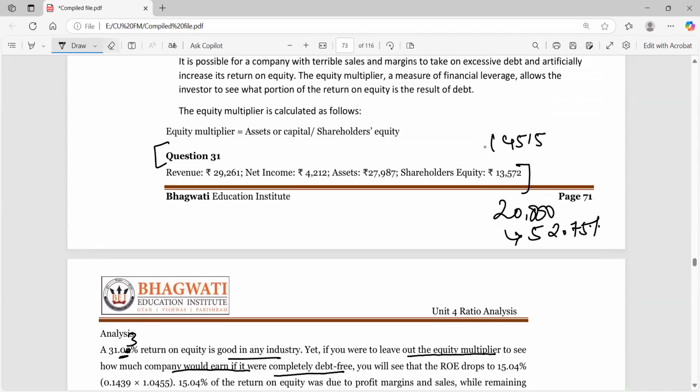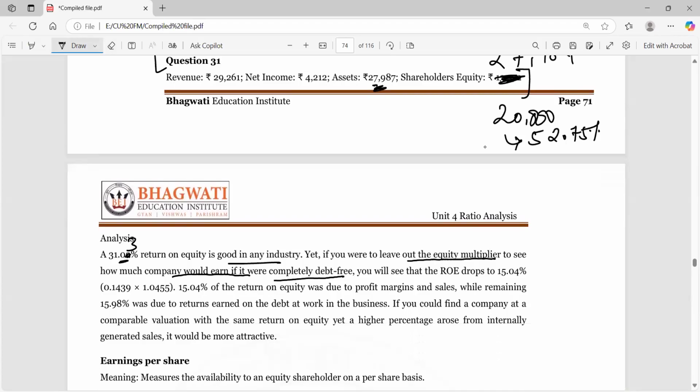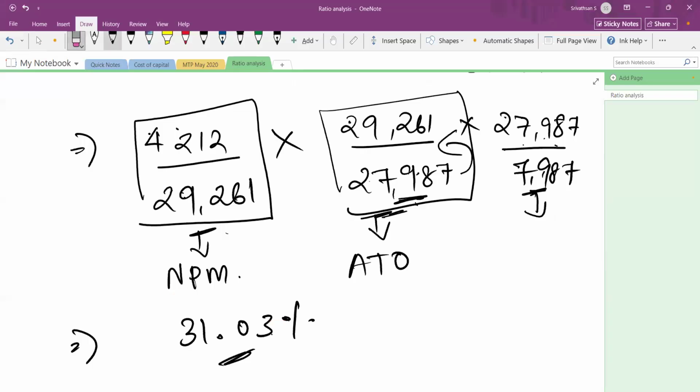14,515 is there, right? Remove this debt component and assume the company is using 100% equity for purchasing these assets. 27,987 rupees of equity is used for investing in assets of 27,987. In such case, what will be the return on equity calculated? So now what is the return on equity?